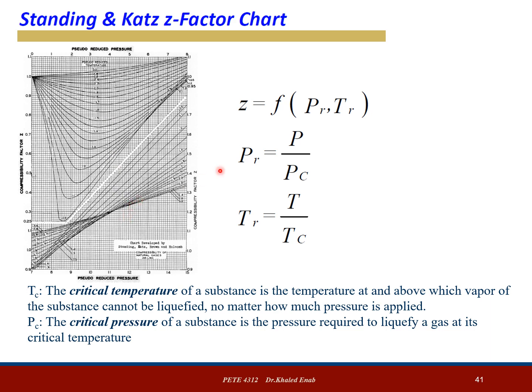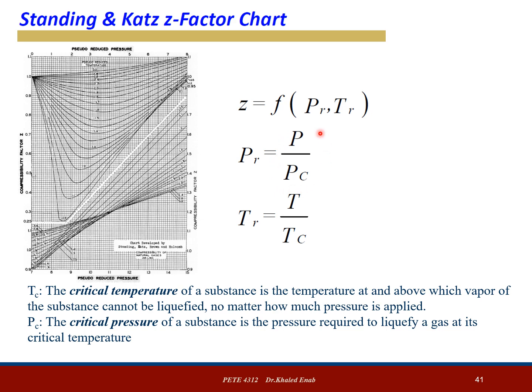But to get this unified, they found that when they took the ratio of the gas pressure to the critical pressure, that defines the pseudo-reduced pressure. When they used the pseudo-reduced pressure versus the compressibility factor, they found that all the gases behave the same, because the compressibility factor is a function of the reduced pressure.